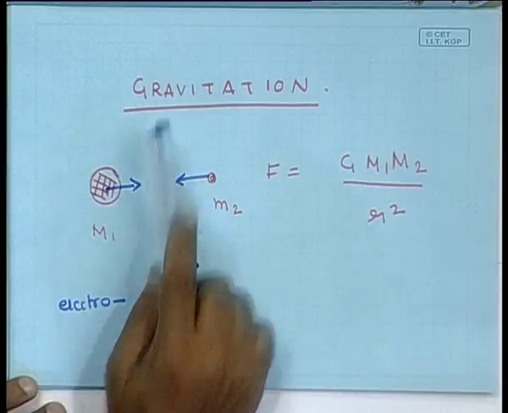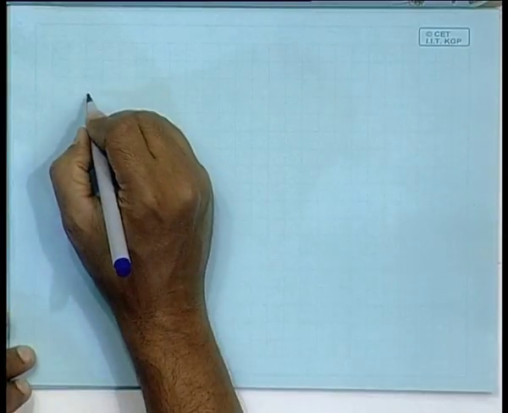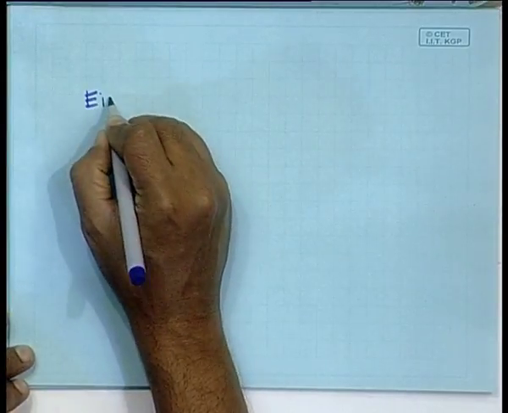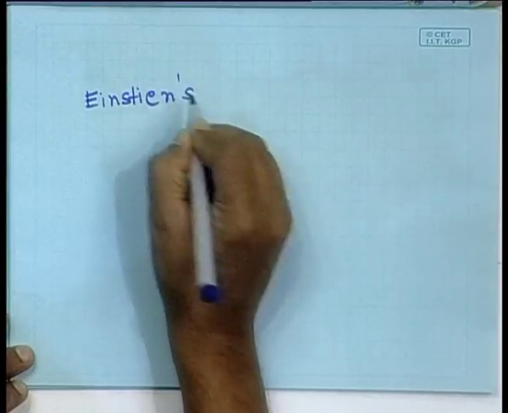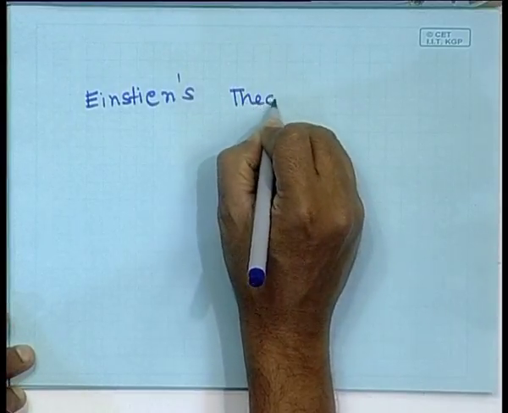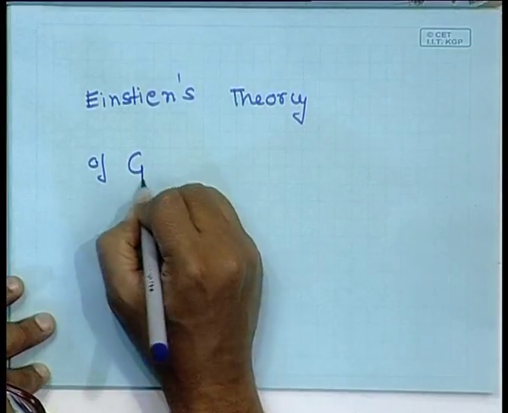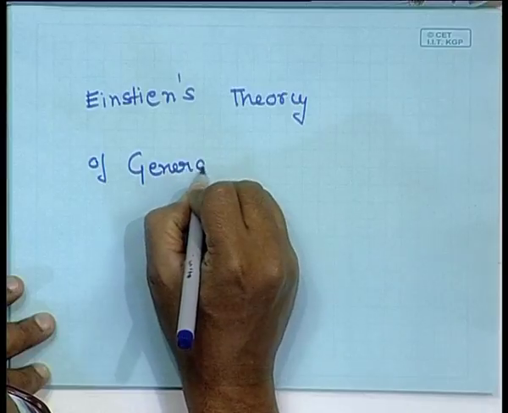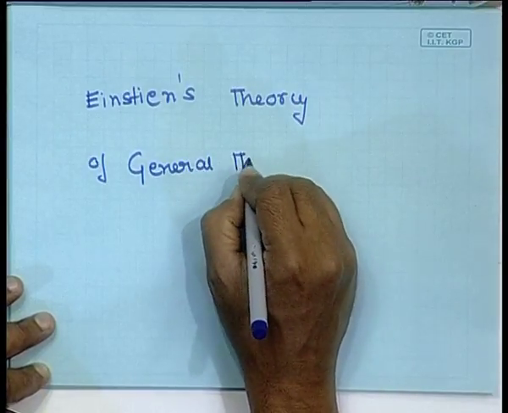As far as gravitation is concerned, the final story as it stands now was proposed by Einstein. So, you have Einstein's theory of general relativity, which is believed to be the correct theory for gravity.